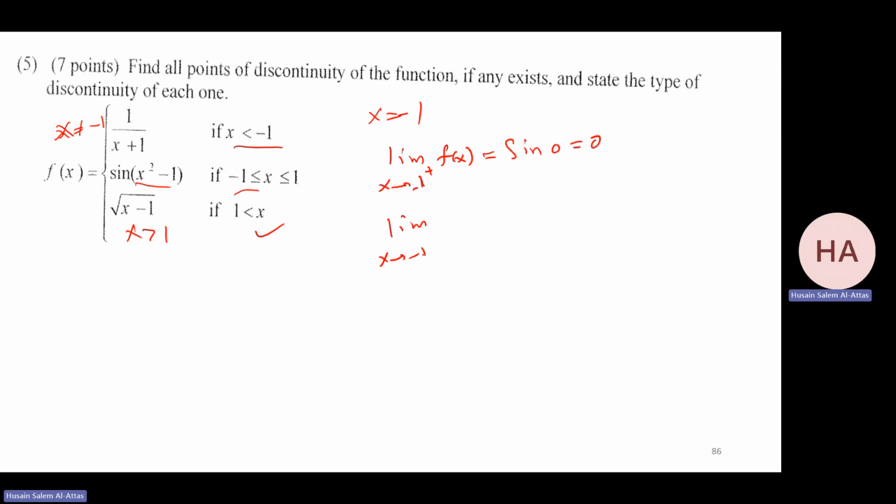Limit as it goes to -1 from left, I will be here. It will be this limit, which is ln 0 over 0, infinity. That will be minus infinity. So we have discontinuity.